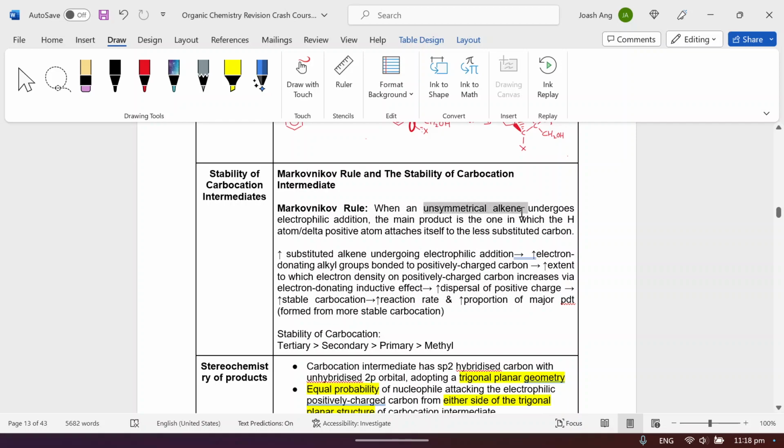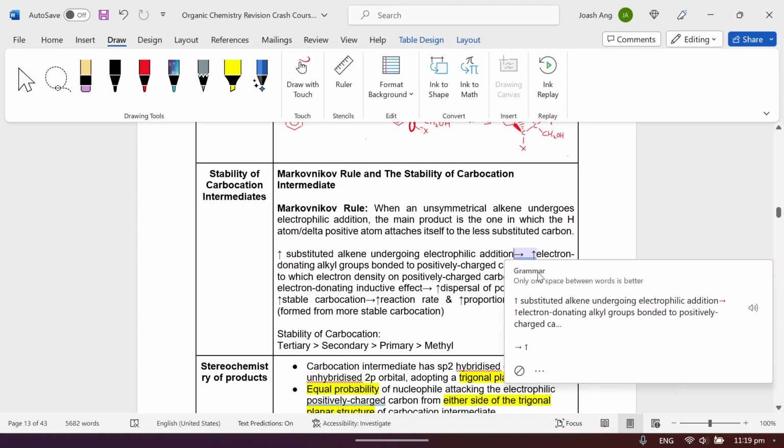So when an unsymmetrical alkene goes through electrophilic addition, the main product is one in which the hydrogen atom attaches to the less substituted carbon. So the main idea is that you want your carbocation to be the most stable.